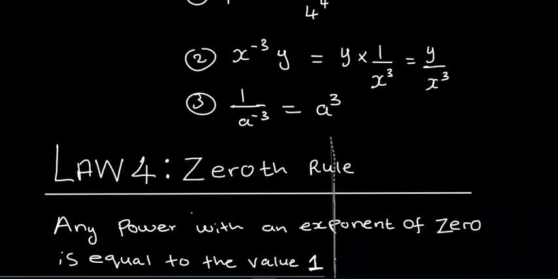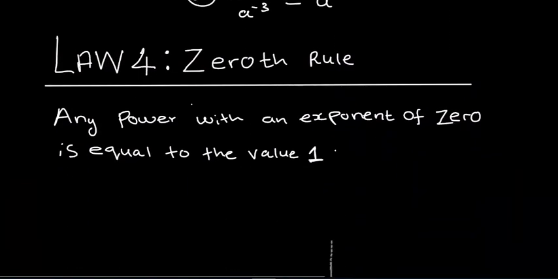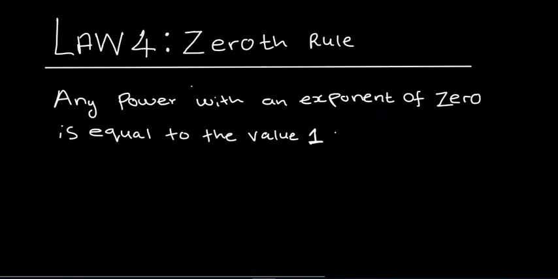Right. Let's move to the next law. The fourth law is called the zeroth rule, which says that any power with an exponent of 0 equals the value of 1. So this means that if you got any number a with an exponent of 0, that is equal to the value of 1.